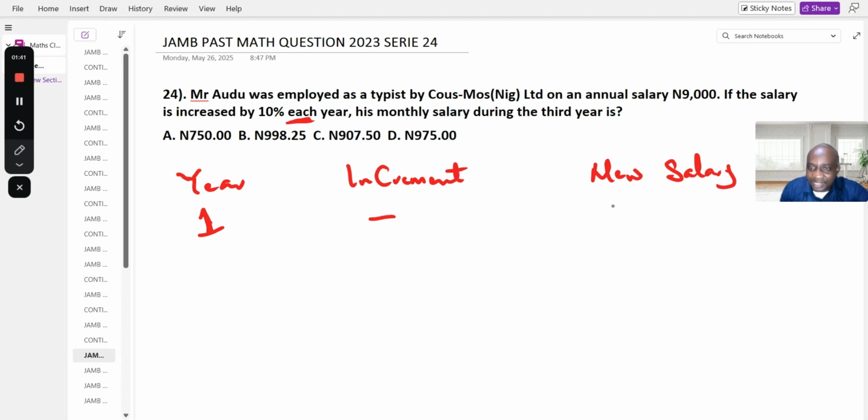Therefore his salary at the end of the year will be what? 9,000, isn't it?